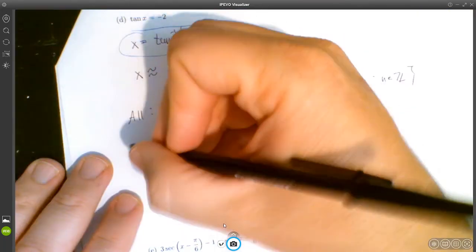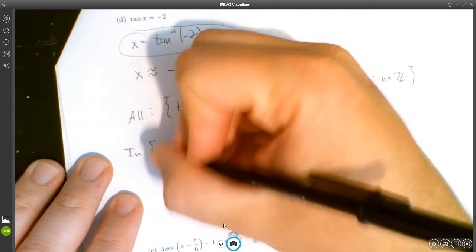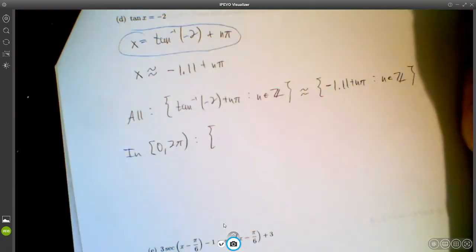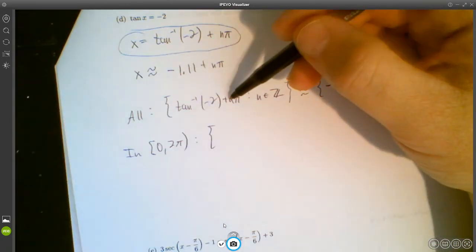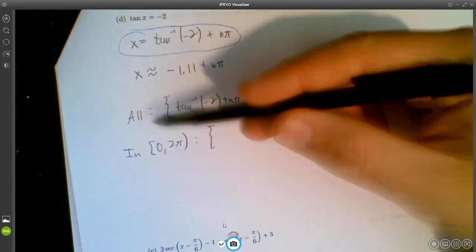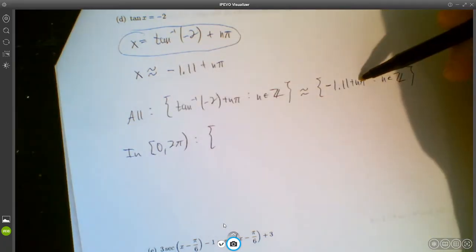So if I wanted to describe the solutions that live in the interval from 0 to 2 pi, well, then I could start to plug in numbers for n. Now, clearly, if I plug in a negative number, I'm going to get a negative answer. That's no good. Even if I plug in 0, I end up with something negative, so that's not any good either.